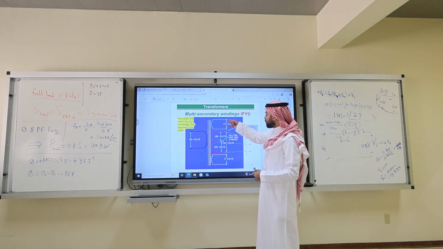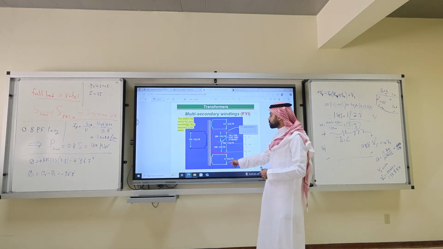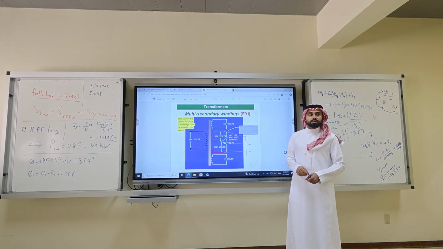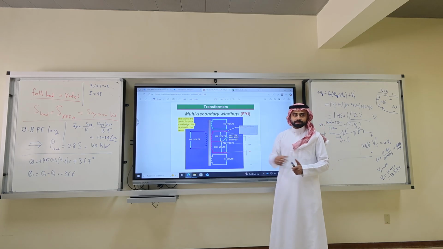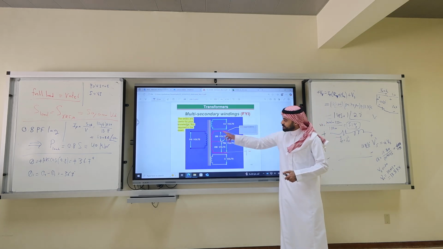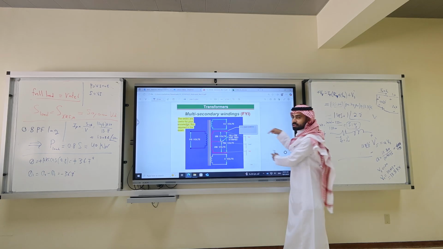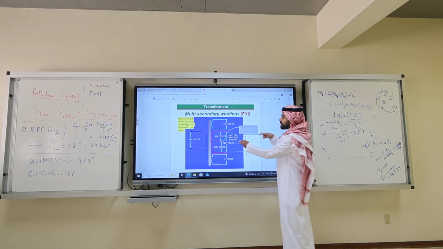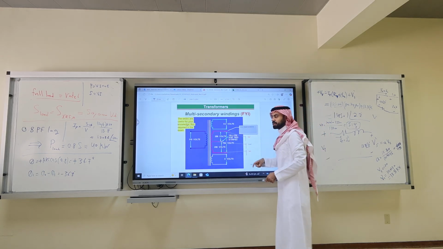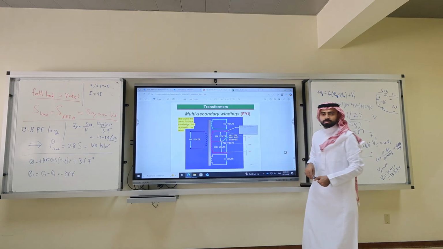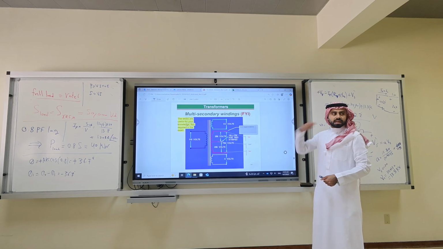Maybe here they get 6 volts, here they get 5 volts, maybe here to power simple light bulbs, or fans, or USB, whatever. Then the main ones in red, they're taking 350 and 350. 350 plus 350, you can get 700 here, or you can get 350 here and 350 here. Maybe this is sent to house 1, this is sent to house 2. Get it?